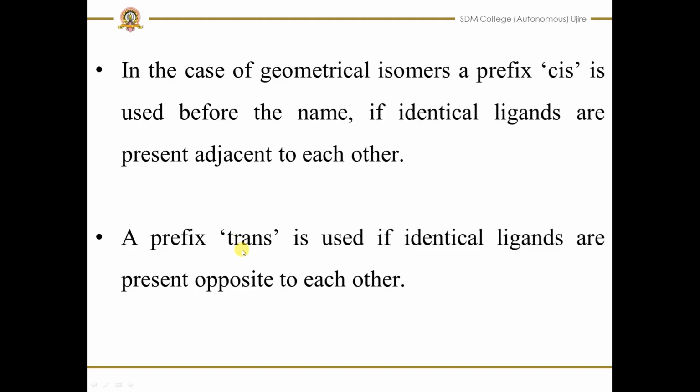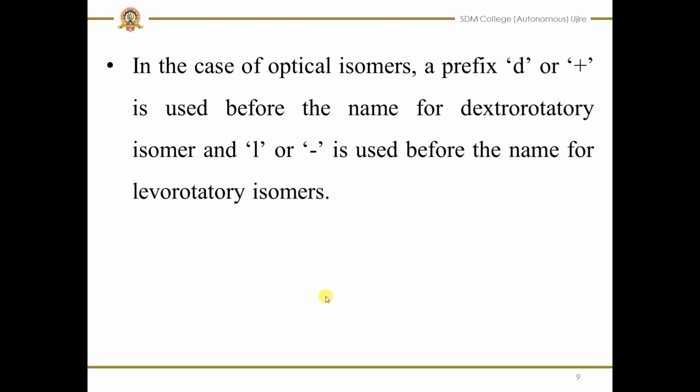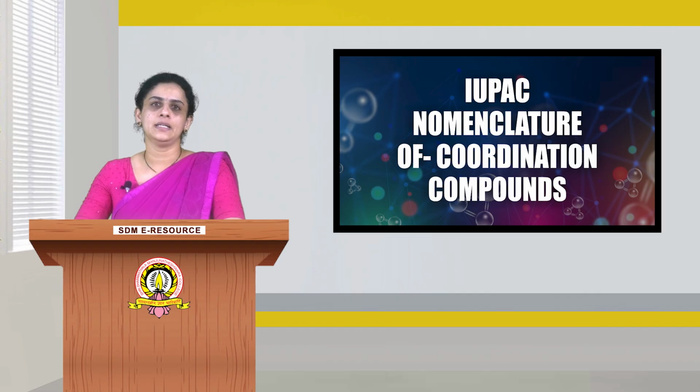The prefix trans is used if identical ligands are present opposite to each other. In case of optical isomers, the prefix D or plus is used before the name of the dextrorotatory isomer, and L or minus sign is used before the name of the levorotatory isomer.